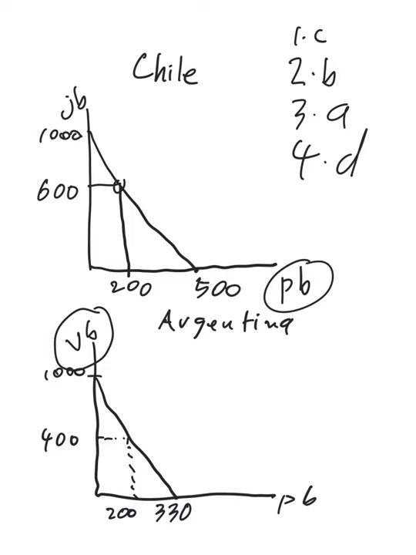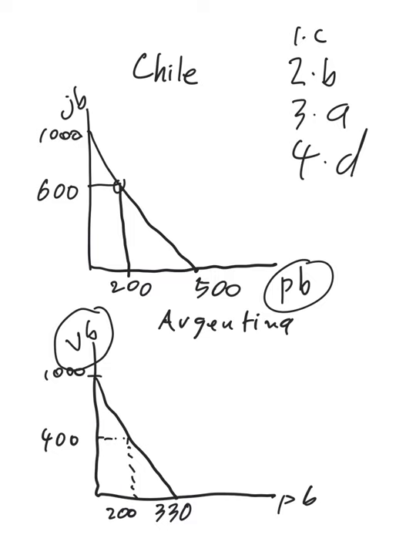Chile can buy its jelly beans from Argentina for less than half a pound of peanut butter. In other words, Chile won't switch to getting its jelly beans from Argentina unless it can get a better deal than it can get by moving along its own production possibility frontier.